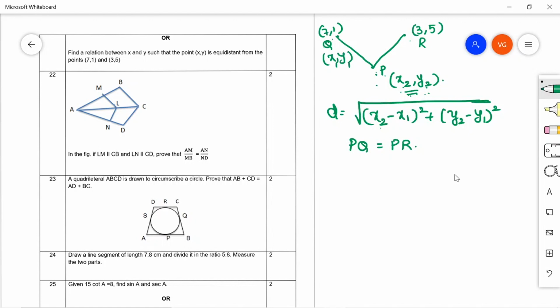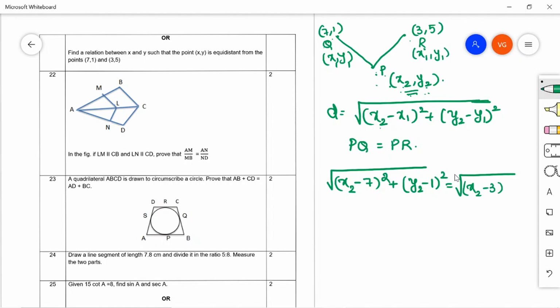So if you substitute this, you will get square root of x2 minus 7 whole square plus y2 minus 1 whole square, that is equal to PR. Again, this one you assume it as x1 comma y1 now. Now this will be square root of x2 minus 3 whole square plus y2 minus 5 whole square. So this root will get cancelled on both the sides.